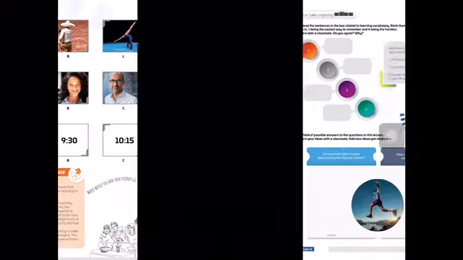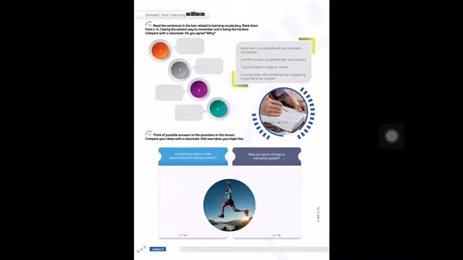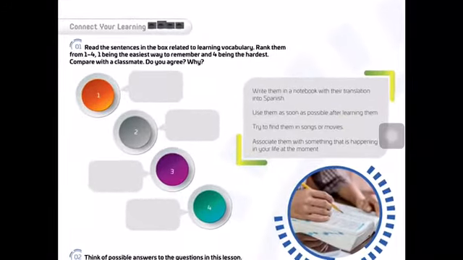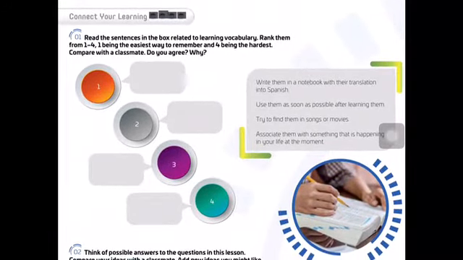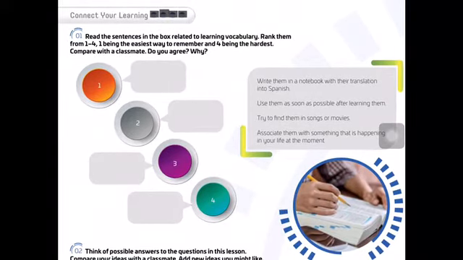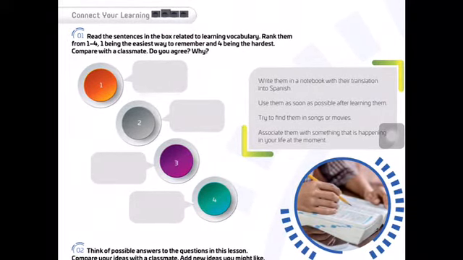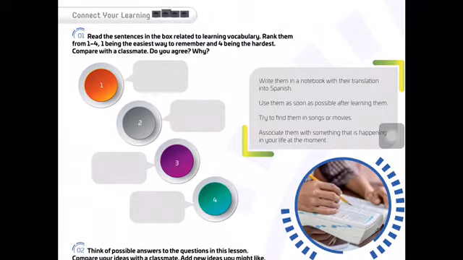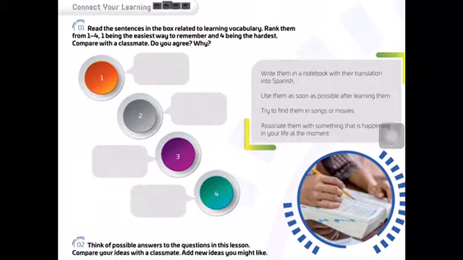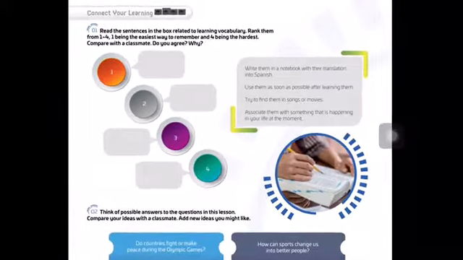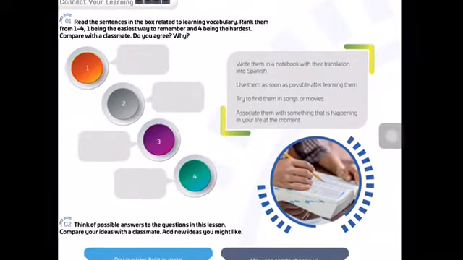On page 68, read the sentences in the box related to learning vocabulary. Rank them from 1 to 4, 1 being the easiest way to remember and 4 being the hardest. Compare with a classmate. Do you agree and why?